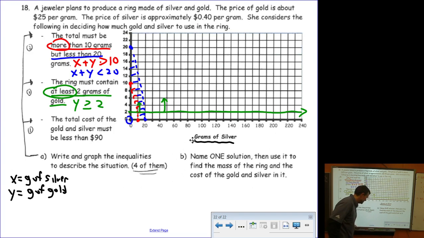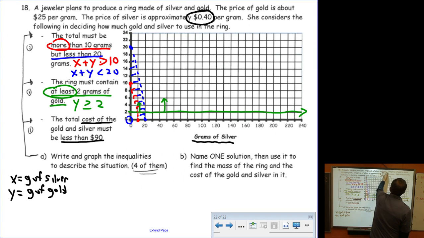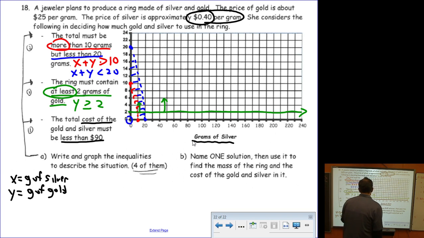And that brings me to my last restriction, the cost. The cost has to be less than 90. Well, the silver cost 40 cents per gram.